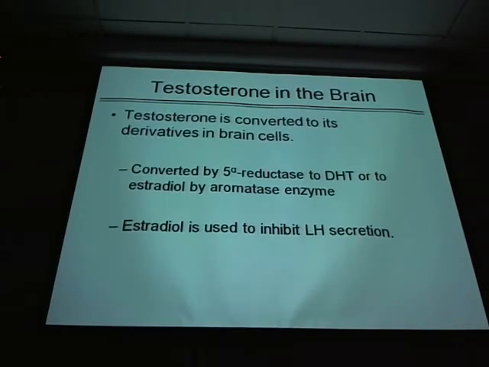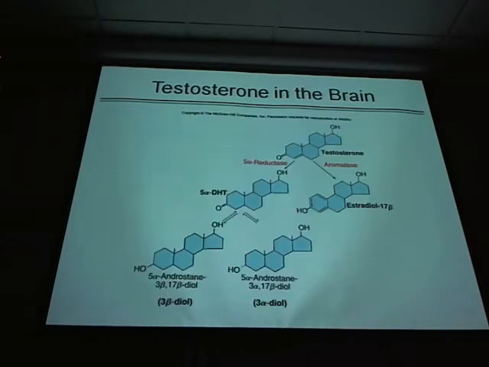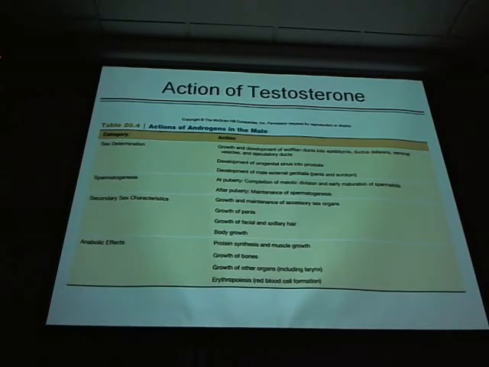Testosterone in the brain is converted by 5-alpha reductase to estradiol, and estradiol inhibits LH. That's your negative feedback. But he talked about it as estrogen in the ovarian and the menstrual cycles. Yeah, well, that's different.